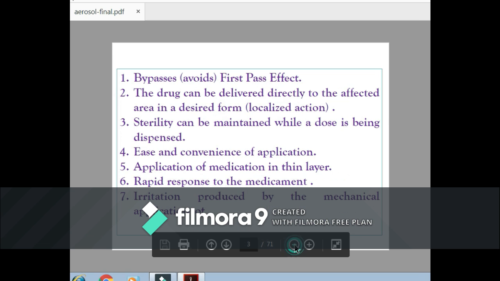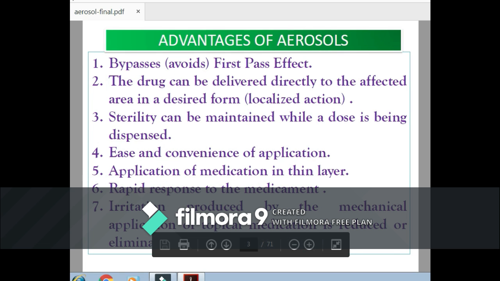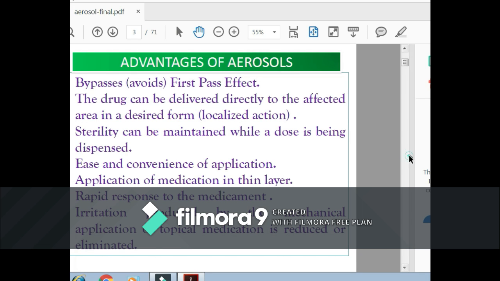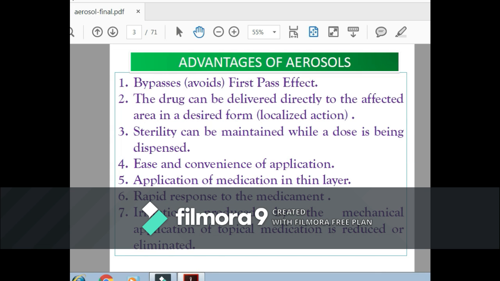Then, advantages of your aerosols. The first advantage is, when we are using the aerosols, it will bypass the first pass effect. What is the first pass effect?